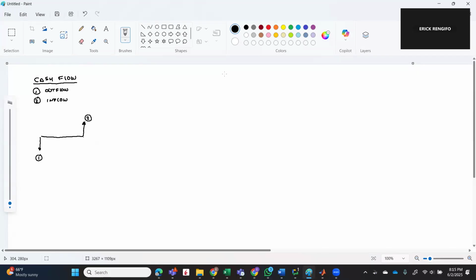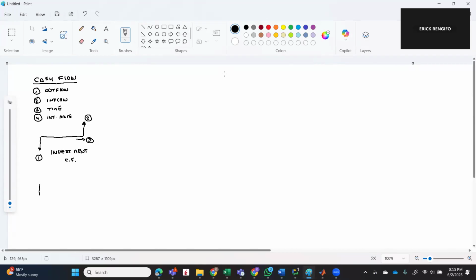This is time. And we have another thing that is called an interest rate. Okay, so that is not present here. So now when you invest money first and then you receive money in the future, this is an investment cash flow.